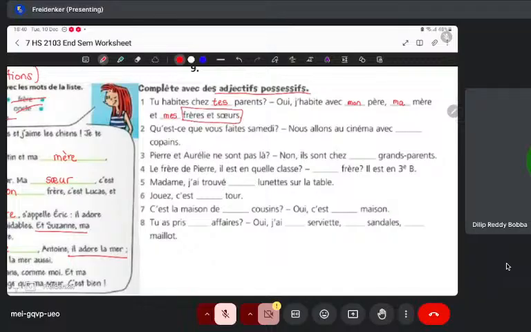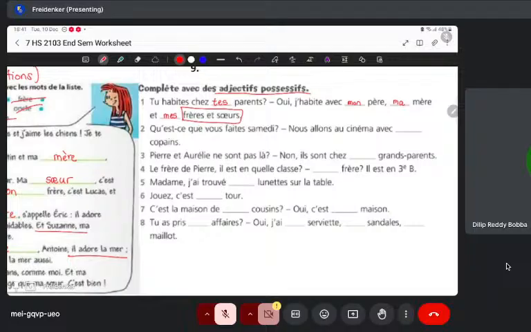All of them are my only, but then in French they are different. The spelling changes. My father, my mother, my brothers and sisters. Masculine singular, feminine singular, and then you have the plural. Irrespective of gender, plural will take MES. Nice. So, do you live with your parents? Yes, I live with my father, my mother, and my brothers and sisters.